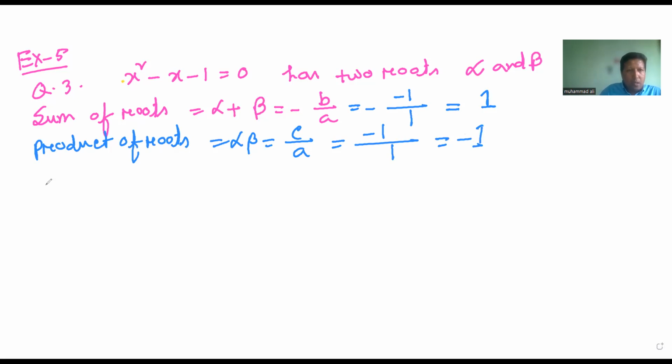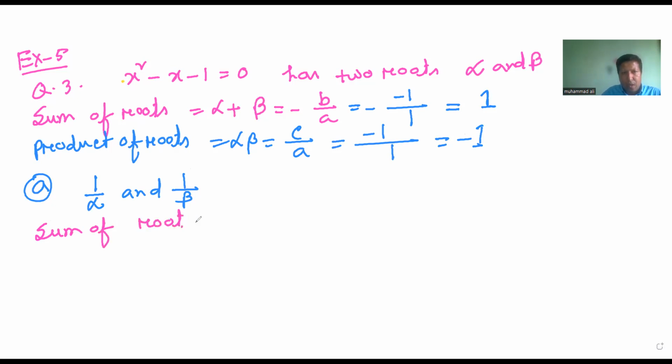Now, part A, we have to find the new equation whose roots are 1 by alpha and 1 by beta. So at first we have to write the sum of the roots, 1 by alpha plus 1 by beta.